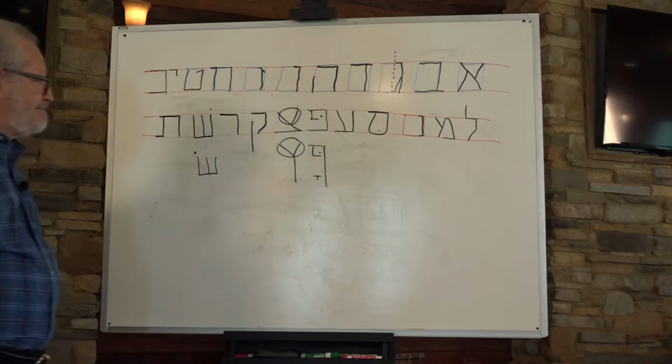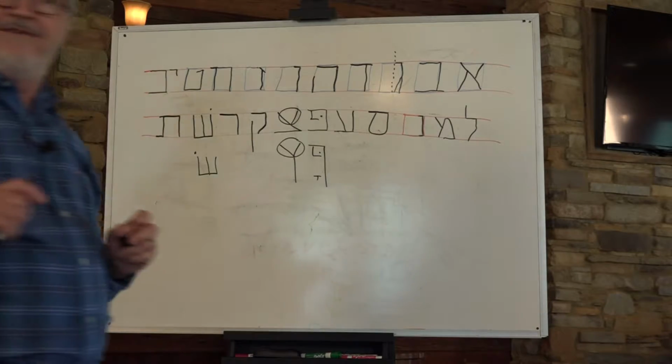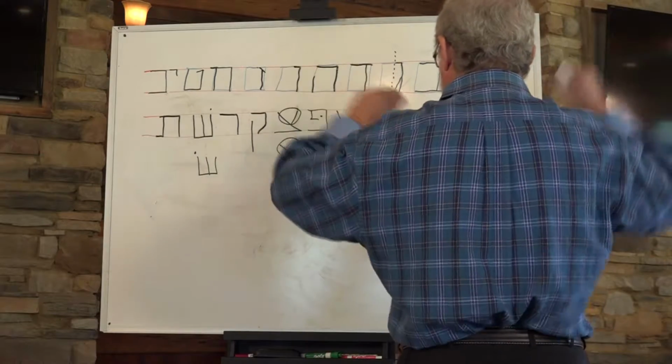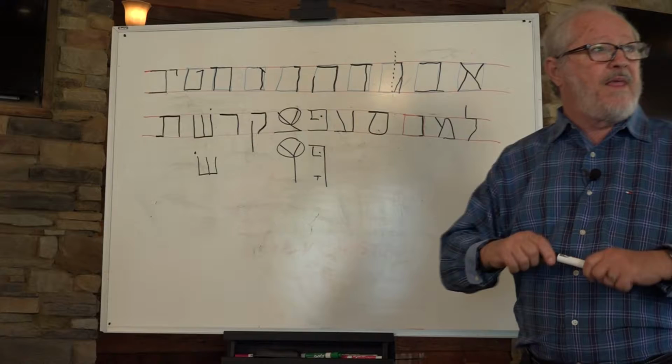That's it. 22 letters. Now, there are about 30 sounds that the 22 letters make. Okay? By the nikud, and the dots, and the dageshes. Got the idea?